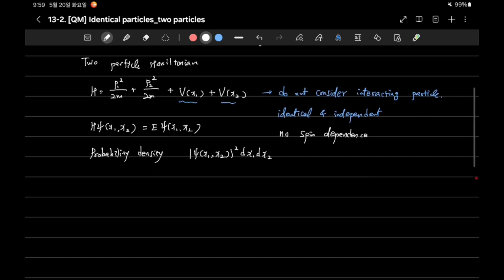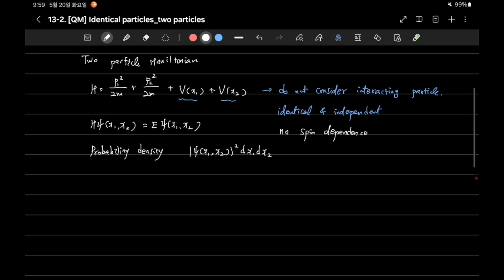We should think about symmetric superposition. The spatial part of the wave function has two possibilities: the symmetric wave function and the antisymmetric wave function.